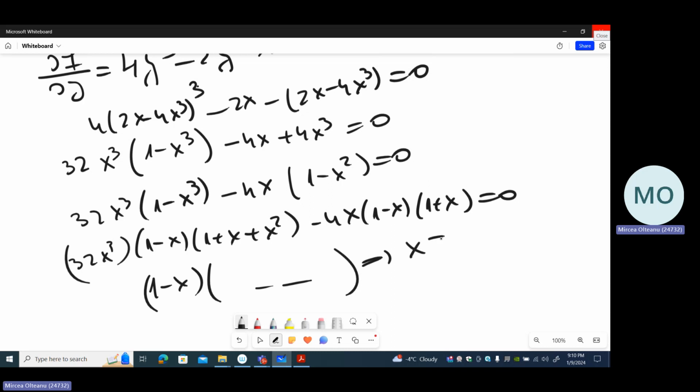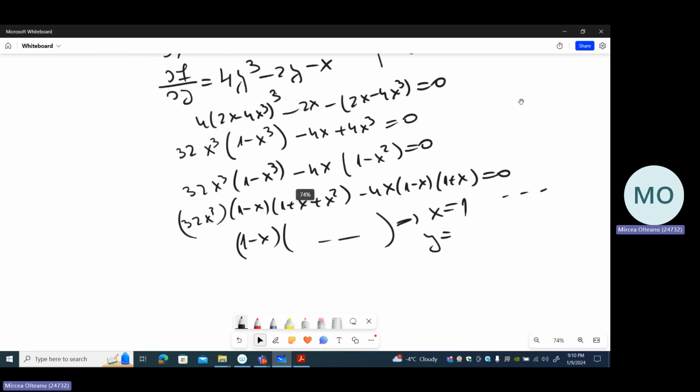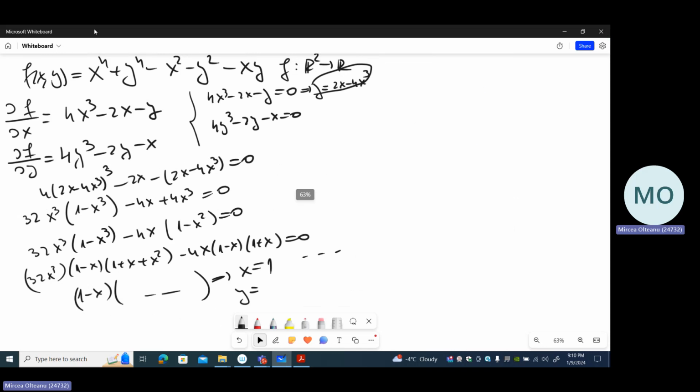And this gives us x equals 1 and so on. Maybe there are also other roots. When x equals 1, we get y equals minus 2. So we have, among other critical points, this critical point.